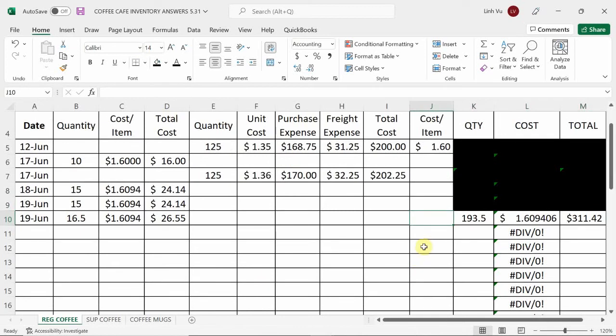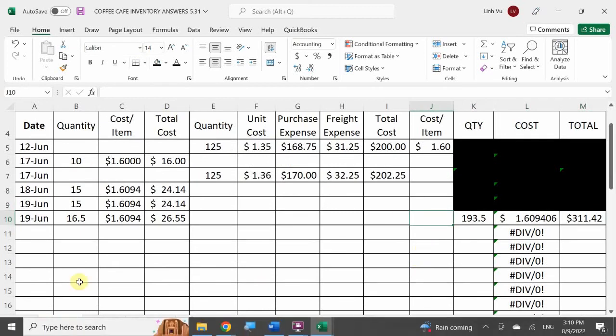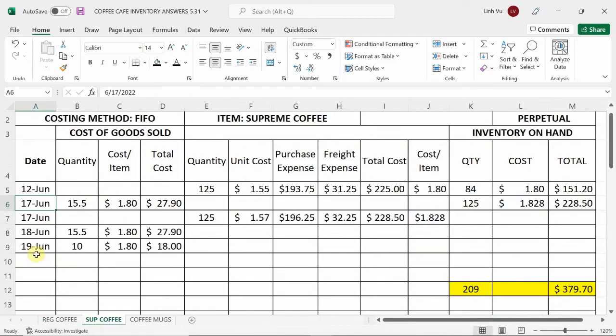Okay, so that means we used 26 dollars and 55 cents worth of regular coffee.